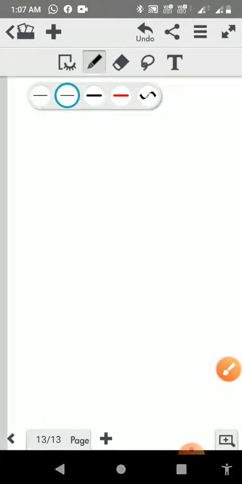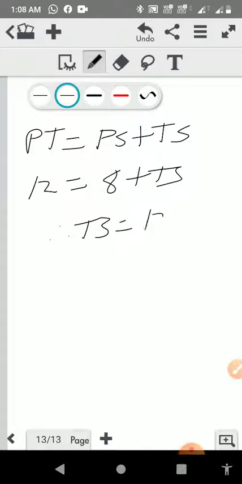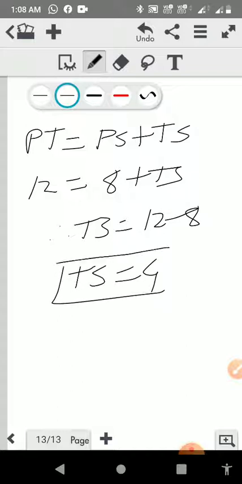As we all know from the geometry of this diagram, PT is equal to PS plus TS. PT is calculated as 12, PS is already 8, so TS equals 12 minus 8, therefore I get the value of TS as 4 units, isn't it?